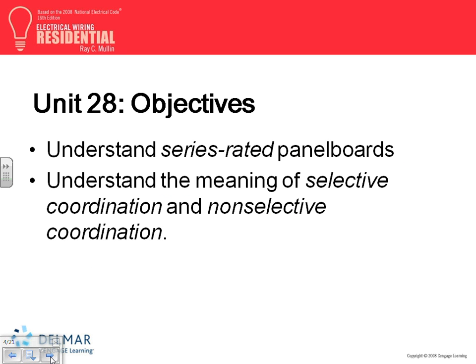I want you guys to put a keynote here under understanding series rated and fully rated equipment and selective coordination. This will ease us, Spencer, into next quarter. We're going commercial now. If you have a panel, what's the difference between buying the same panel, series rated or fully rated?